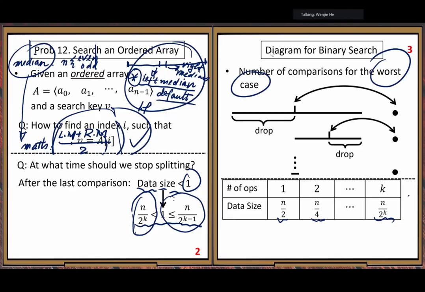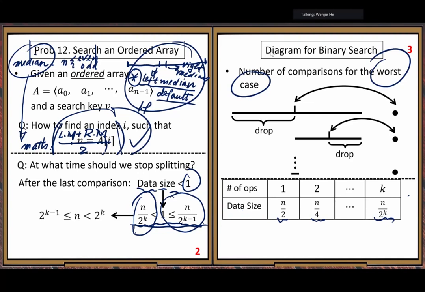So you need one more split. So these 2 inequalities give us the stopping criteria. We need to figure out this k that makes this inequality occur.